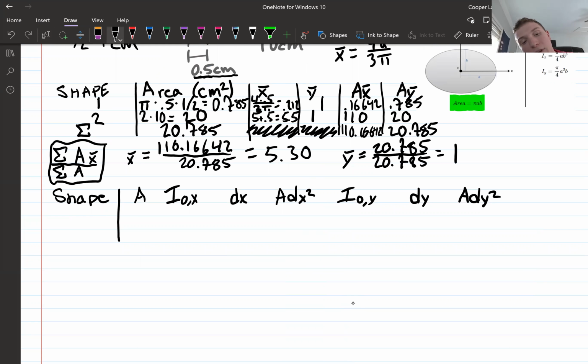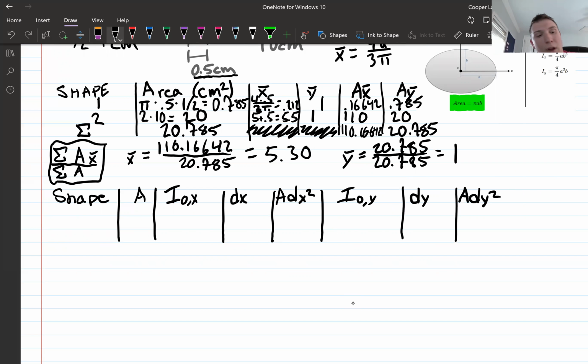We're going to use 3 columns again, and three rows. The first 2 are for the shapes, and the last 1 is for sigma and just totaling everything up. So shape 1, 2, and sigma, just to get totals.